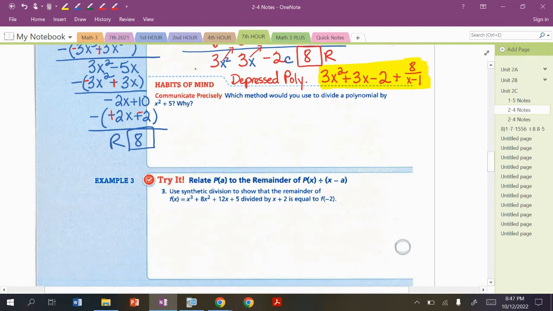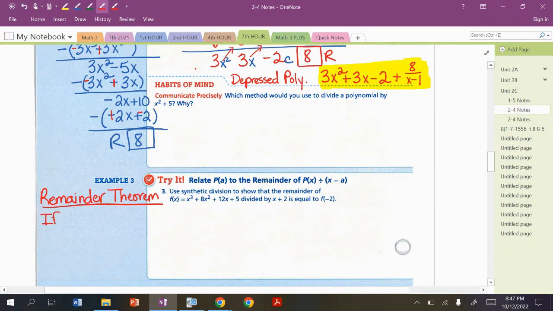So example 3, we have to know the remainder theorem, and I'm writing it right here off to the side so that we have it for reference. This theorem is going to help us with using synthetic division.